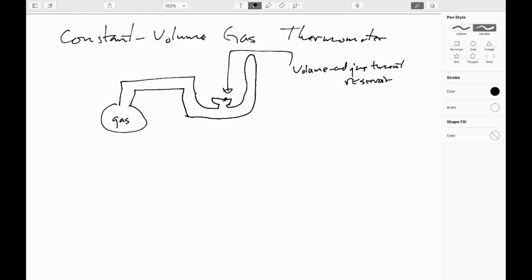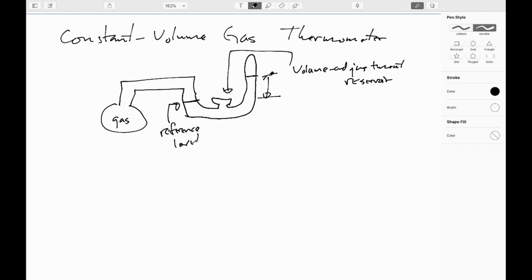Then what you do is you adjust, you either add or remove liquid here until the liquid over here always sits at this reference level right here. This ensures that the volume doesn't change as the gas expands or contracts as it gets warmer or colder. Because what you do is you just add or remove liquid to get back to this reference level.